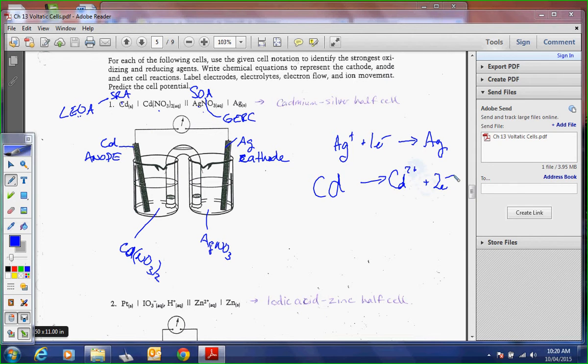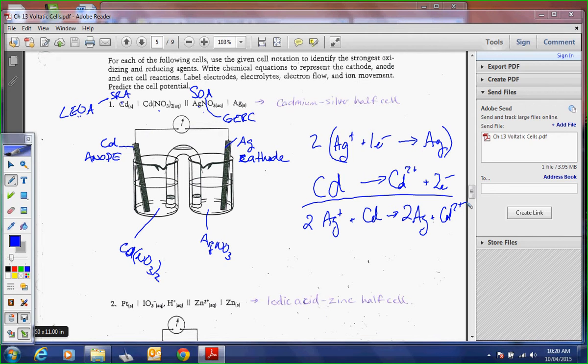Is that correct? Yes. I need 2 of these happening because I've got 2 electrons. Am I going too fast for anybody? Everybody following along? And so the net reaction then is 2 Ag+ and a Cd goes to 2 Ag and Cd2+.